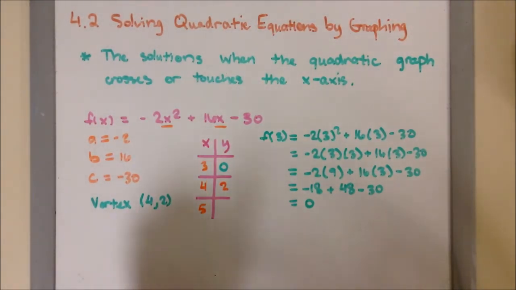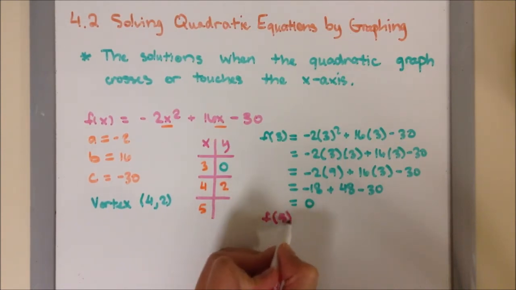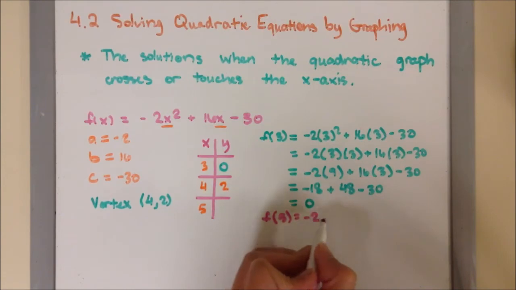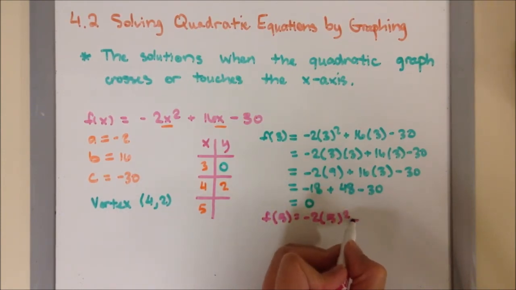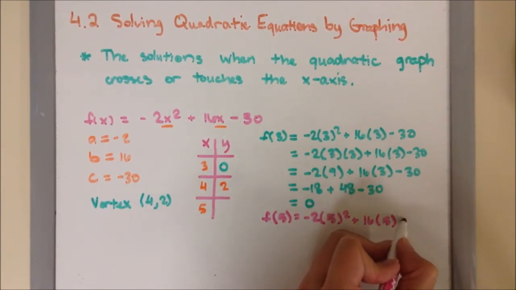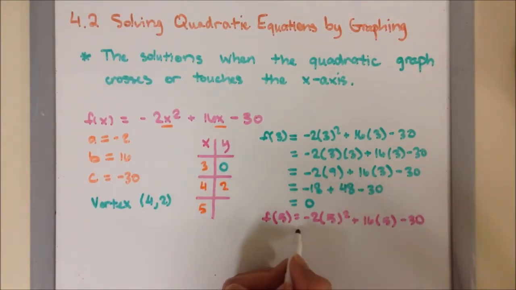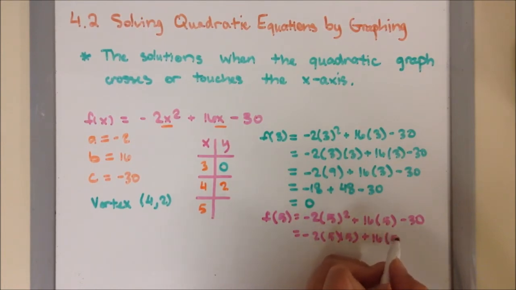Next, I'm going to do f of 5. So f of 5 is negative 2 times 5 squared plus 16 times 5 minus 30. So I'm going to write out the 5 two times, 5 times 5 plus 16 times 5 minus 30.